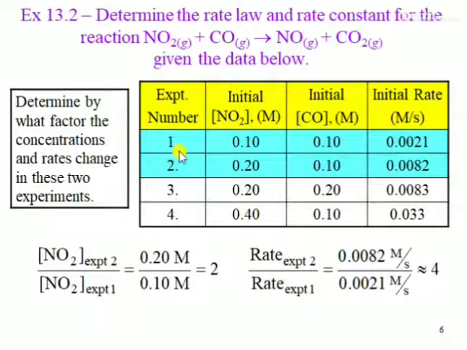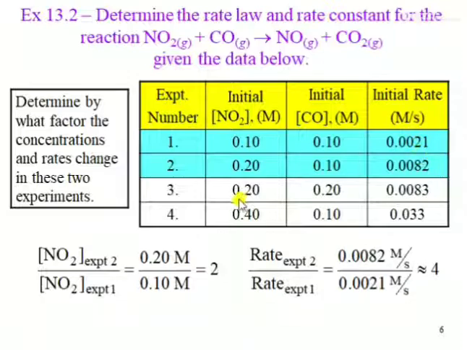For example, you see that in experiment number 1 and 2, the initial concentration of CO has been kept constant at 0.1, and only the concentration of NO2 has been increased from 0.1 to 0.2, and whatever increase in the concentration has been done in case of NO2 is being reflected in the increase in the initial rate of the reaction.